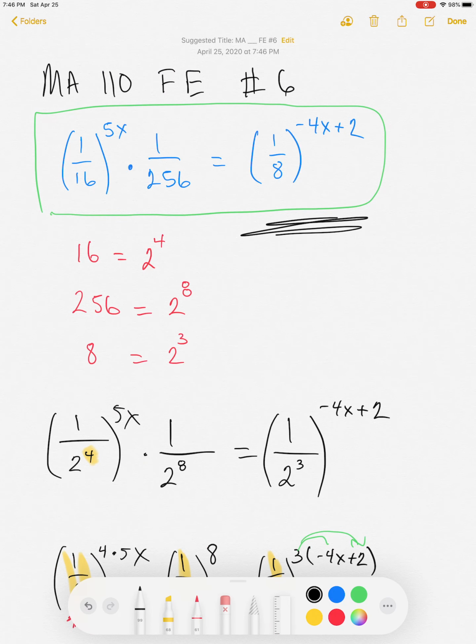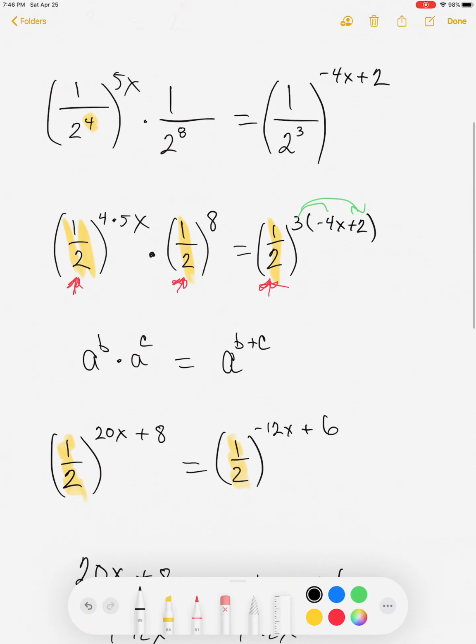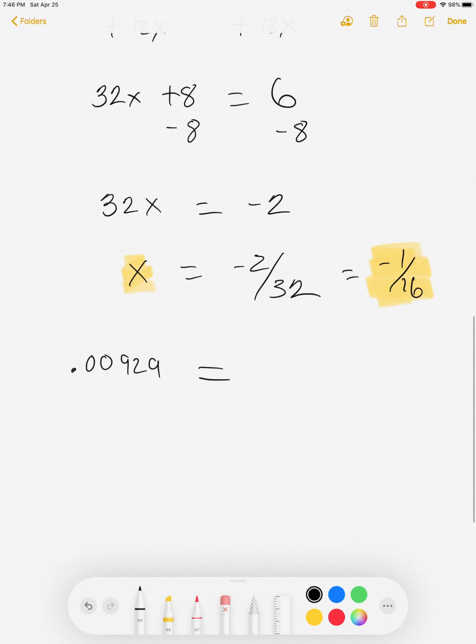So 1 over 8 raised to the minus 4 times x, and remember, I stored x as being negative 1 over 16 in my calculator, plus 2. And sure enough, I get exactly the same decimal, 0.00929, on the right-hand side. So I double-checked my answer, and sure enough, x is equal to negative 1 over 16 works out just fine.